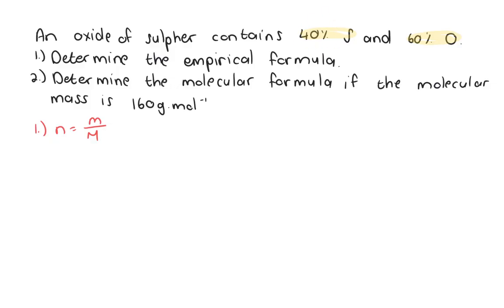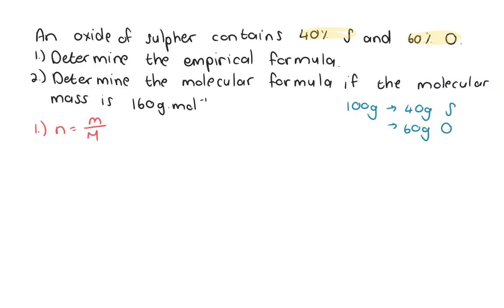So what you can do is assume I have a sample of 100 grams. That means that if 40% is sulfur, 40 grams of the 100 is sulfur and 60 grams of my sample is oxygen. So I can actually use my percentage composition as a mass value.